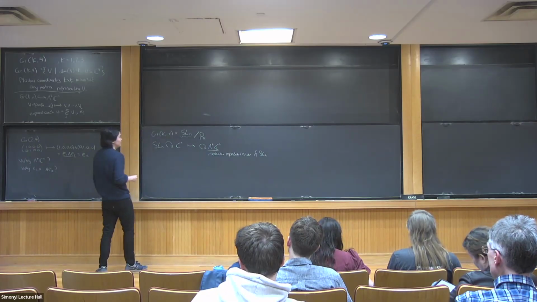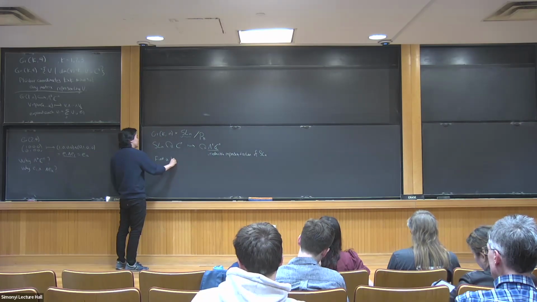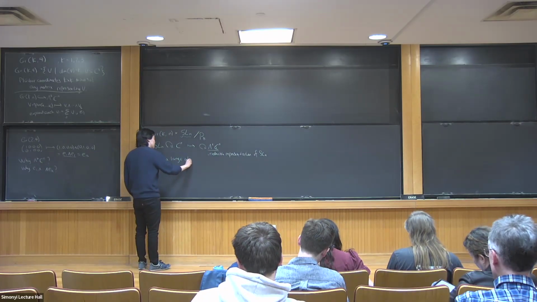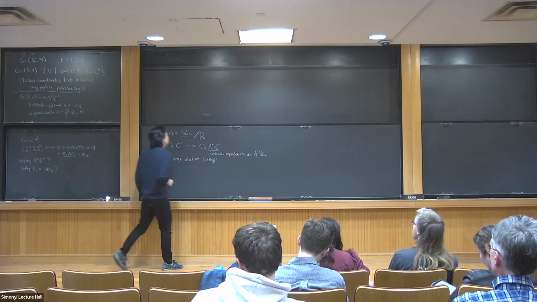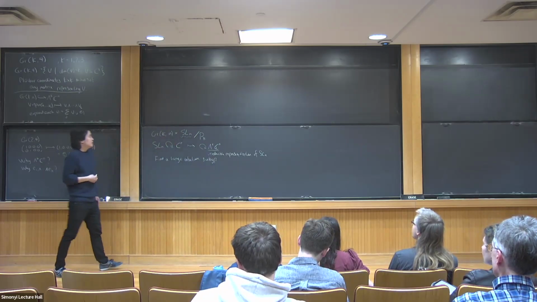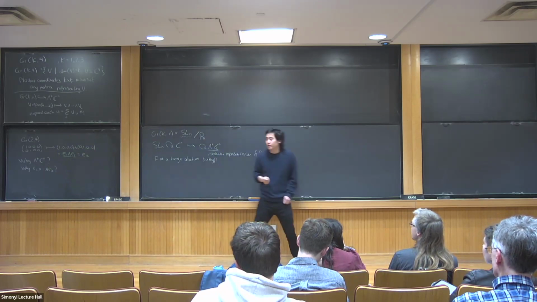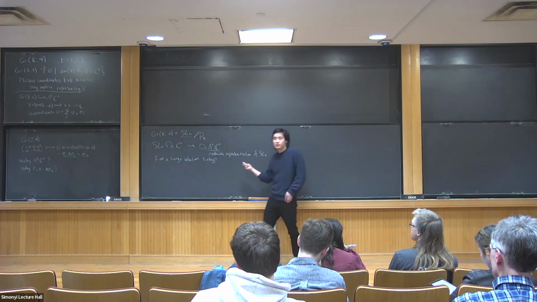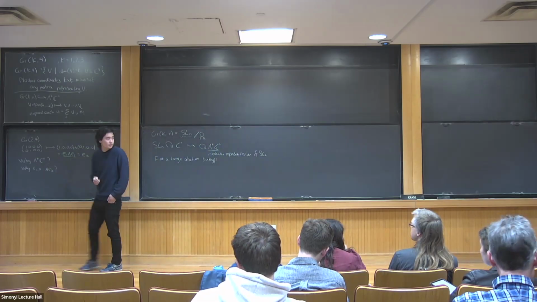And maybe the most common approach is that you find a large abelian subgroup, and you act on the representation by that abelian subgroup. You then decompose the representation into a bunch of one-dimensional representations, and then you figure out how the rest of the group acts.